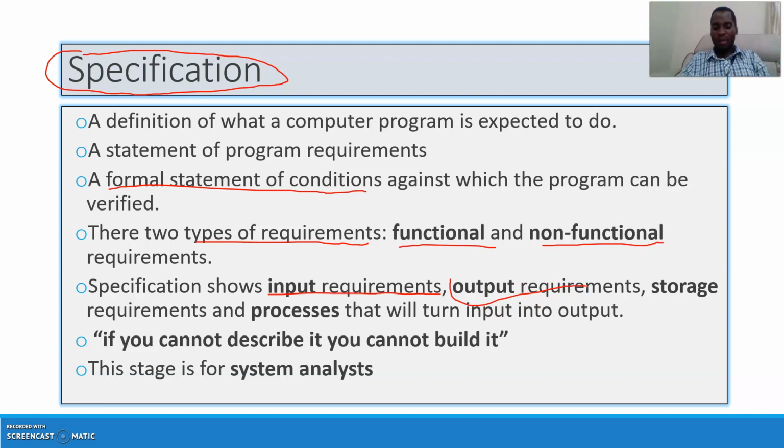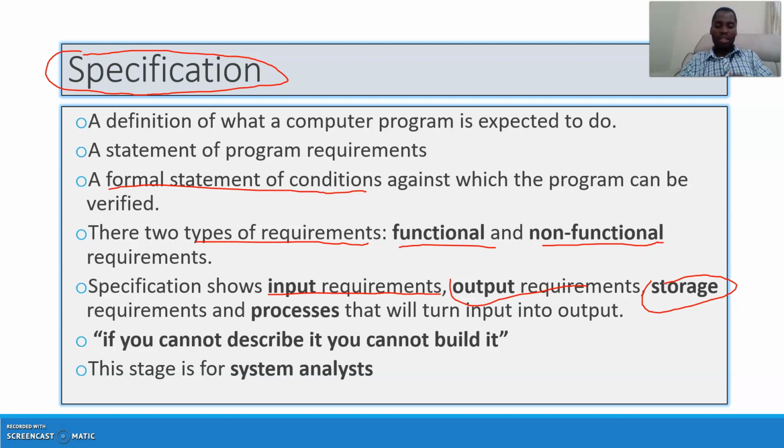After you get the inputs, the program is going to process these inputs. What will be the output from the program? And does the program need some storage? How is data going to be stored for this program? So you include all these requirements under specifications. And lastly, of course, how the input will be transformed into output using a process.